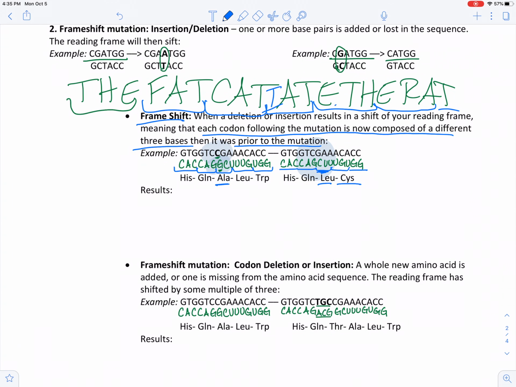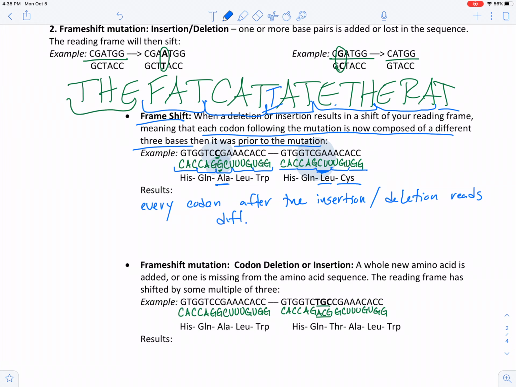So the results here, well, we clearly end up with a different amino acid sequence, so every codon after the frame shift mutation, after the insertion or deletion, reads differently.